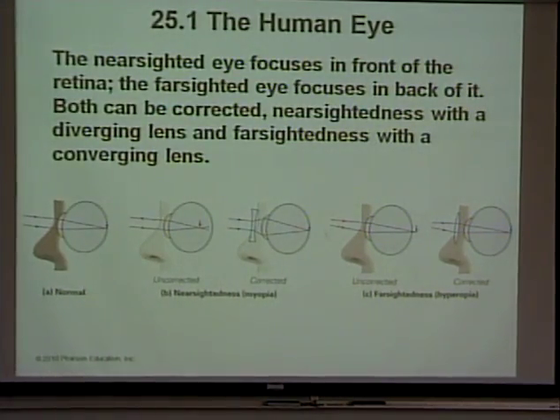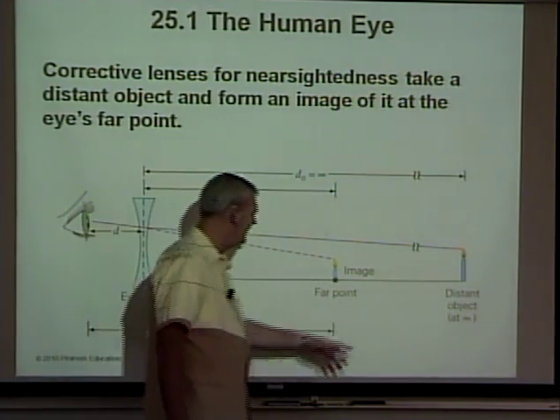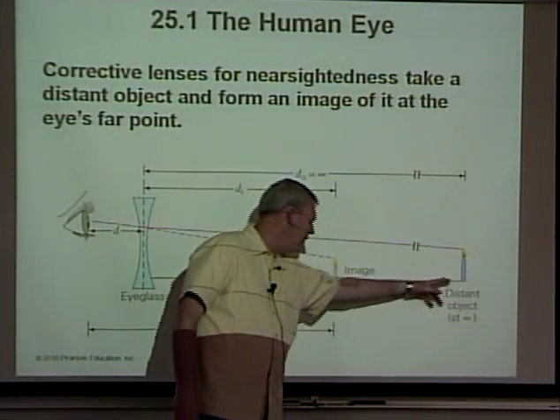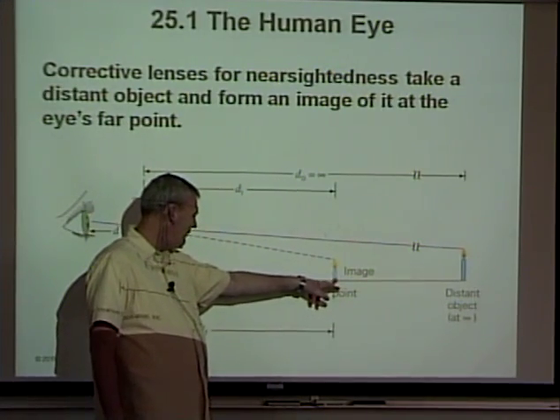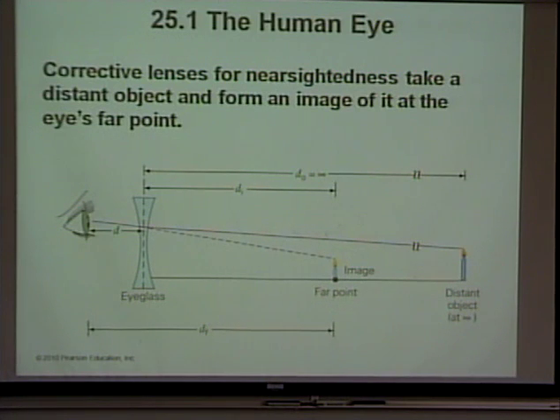All right. And here we go. Look at a distant point way out at infinity. It actually brings it into a focused far point for us. Eyeglasses help those of us who are nearsighted when we can't see things that are far away.